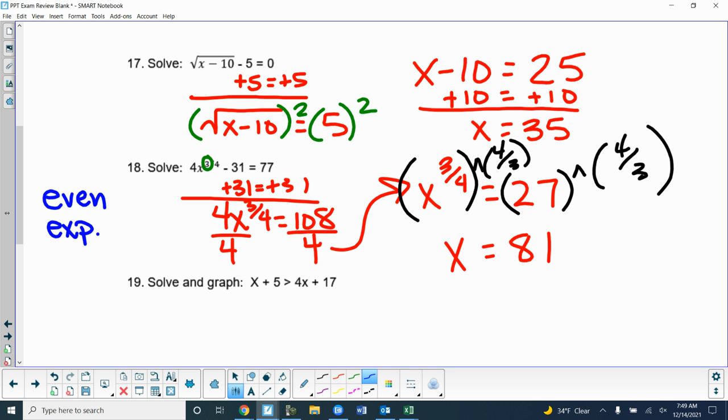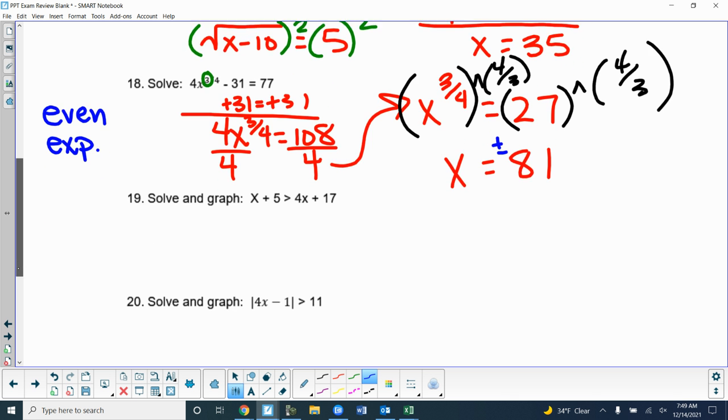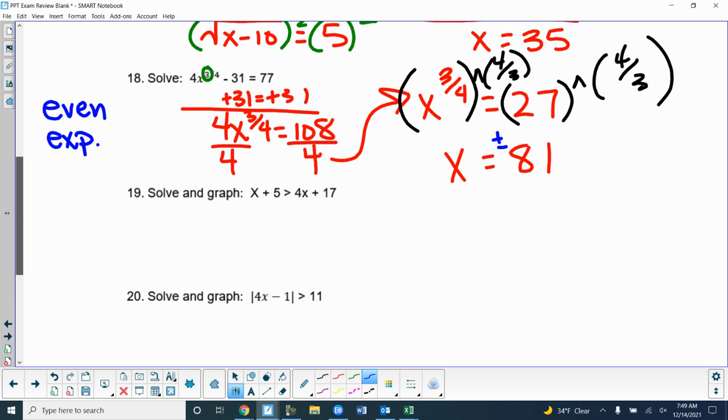Then we have to put plus or minus in our answer, okay? But this one wasn't. It was odd, so we didn't have to do that, right? But that was one of the things we had to do when we did this type of problem. So maybe on the exam, it'll be an even one. So look, maybe write that: even exponent to start, plus or minus in your answer.